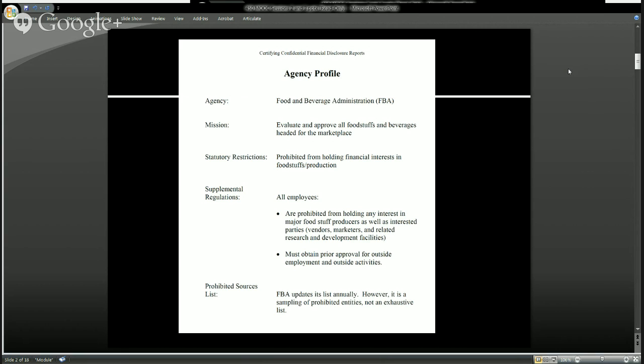And I found an enormous range in the amount of time it takes to review a 450. Some agencies and offices, you'll find strings of reports that there's nothing to report or very little to report, and they may only take you 5 or 6 minutes to review. In other professions, you might find that a typical report could take you half a day or more. I think those are more the rarity when it comes to confidential financial disclosure.